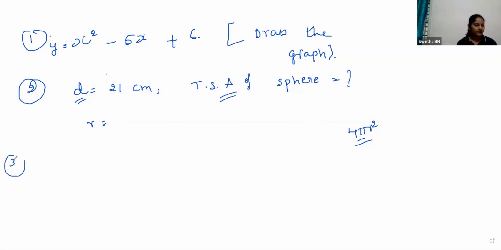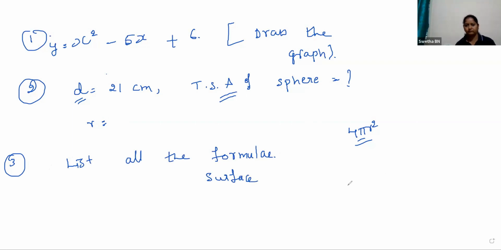Okay, then third one: you list out all the formulae related to surface area. Okay. This is your homework.